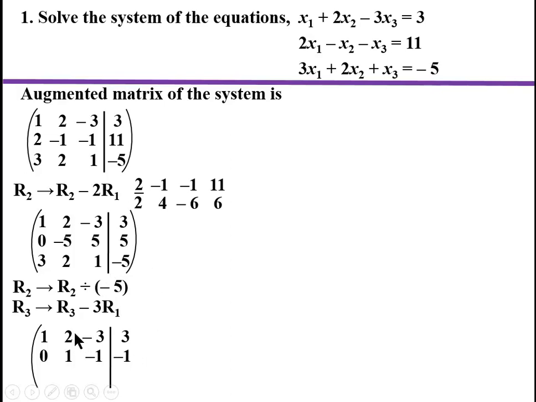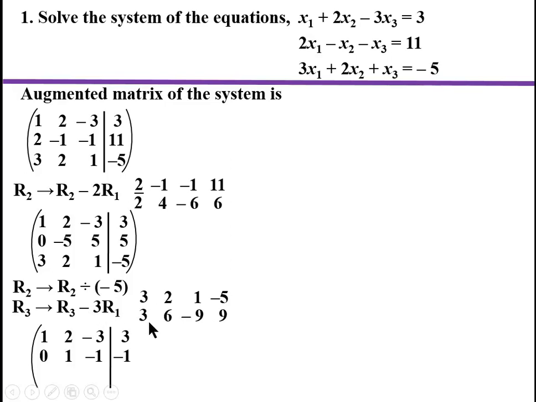And our row 3 now becomes row 3 minus 3 row 1. So our row 3 is 3, 2, 1, -5, and now multiplying row 1 by 3, we have 3, 6, -9, and 9.